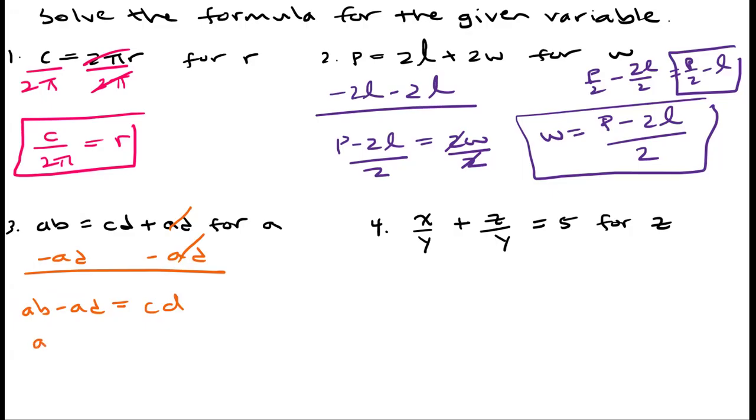So I'm going to take A out, and if I take out A, what's going to be left over on this side? B, good. How about here? If I take out A, what's left over? D, good. So I have B minus D left over. Okay? Let me pause there.